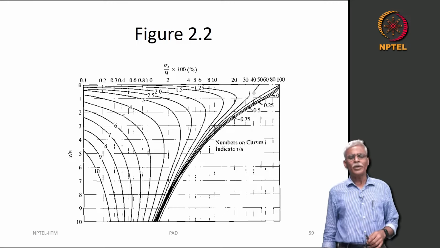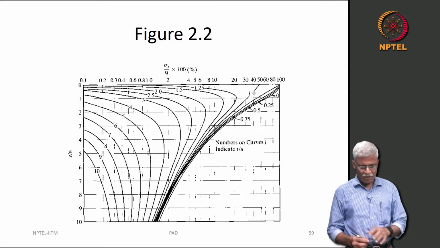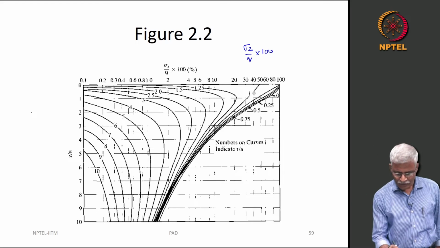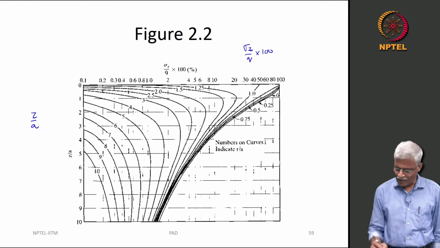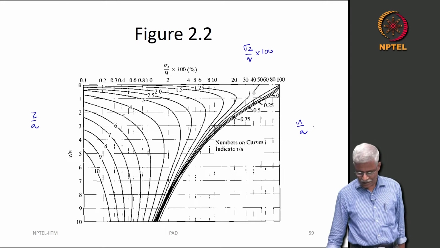So, figure 2.2 is something that we have already discussed. This is sigma z by q times 100 in the x axis, z by a in the y axis for various r by a. We have already discussed these things earlier.